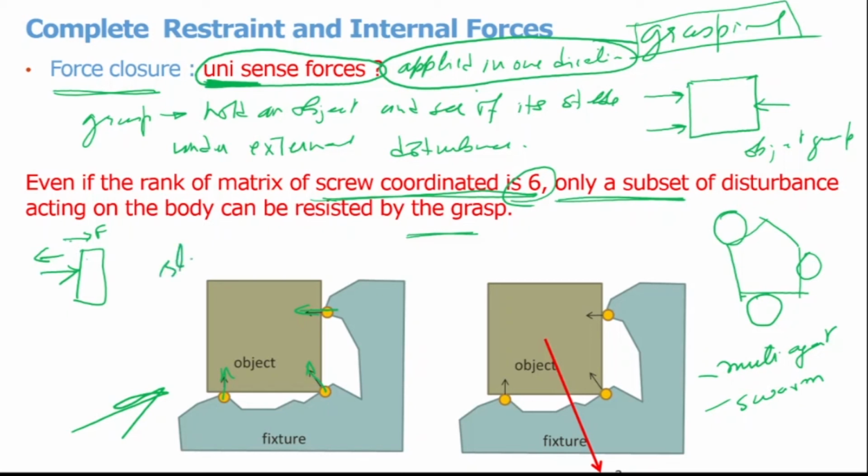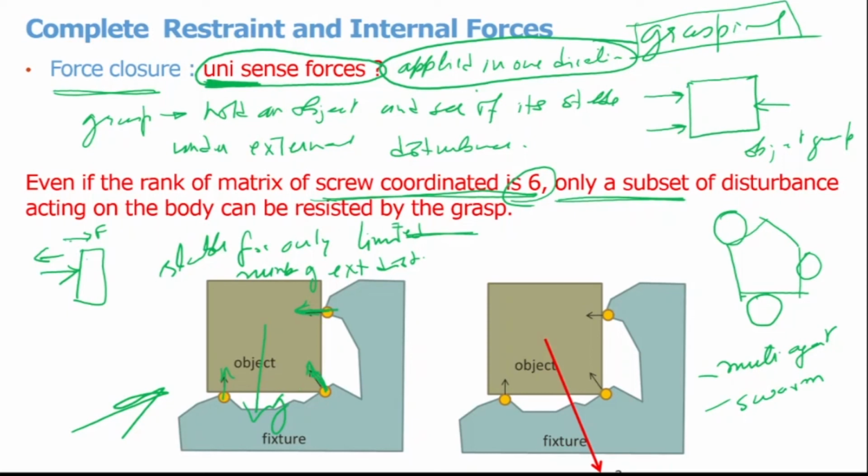It is stable only with a limited number of forces or disturbances. Stable for only a limited number of external disturbance forces. Now what this means is that, suppose you can argue that this is gravity.